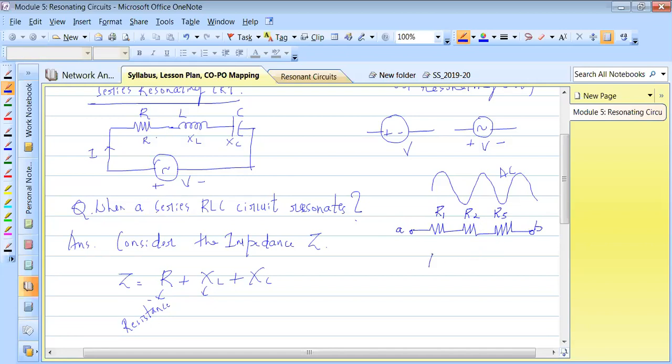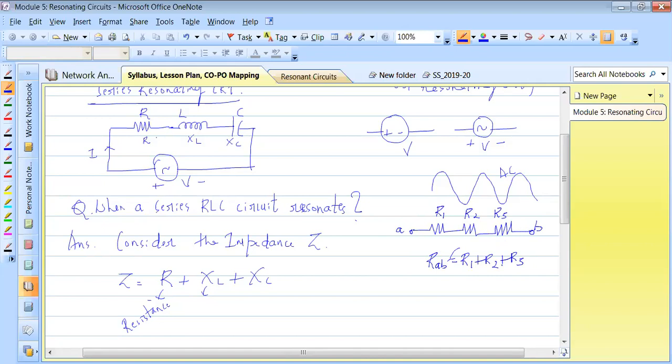What is RAB? Anybody? Can you give me the input? I'm telling you all three resistors are connected in series. Since they are connected in series, it's R1 plus R2 plus R3.